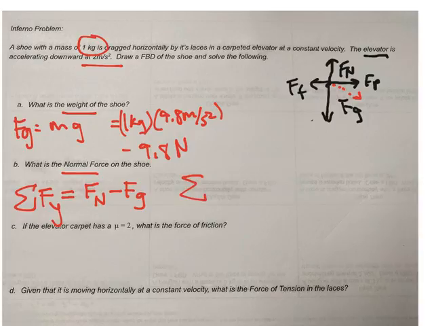How can we know what the net force is? Well, the net force is also equal to the mass times the acceleration in the y direction. Do we have an acceleration in the y direction? Why, yes, we do. That is our 2 meters per second squared.